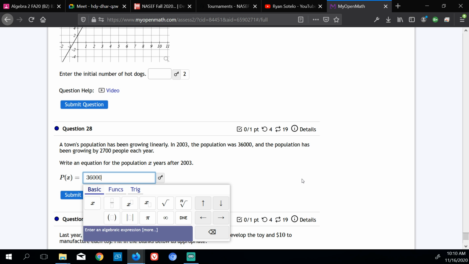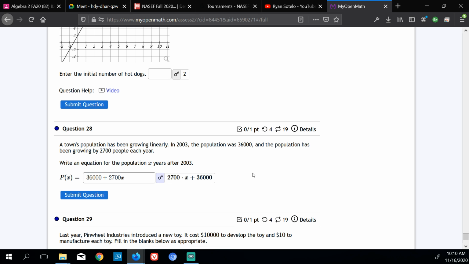Yeah. And then my slope. Yeah. And then times the number of years. That should be it. Does that make sense? That's the rate at which you change as x grows, and this is your starting value.